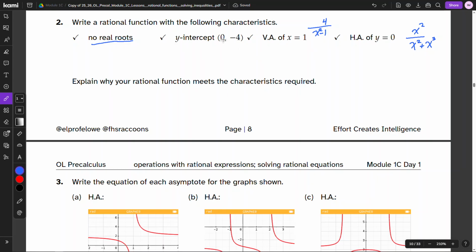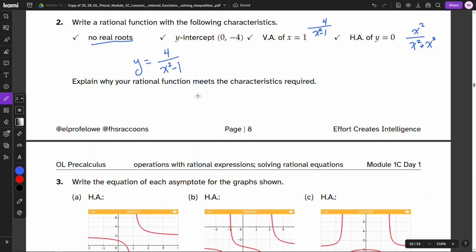My y-intercept is -4 because the numerator is 4 and the denominator would be -1 when x is equal to 0. And the vertical asymptote, well, I happen to have two vertical asymptotes. It doesn't restrict it. It would be the case that I would have it. And so I will write my rational function as y is equal to 4 over x squared minus 1, right?